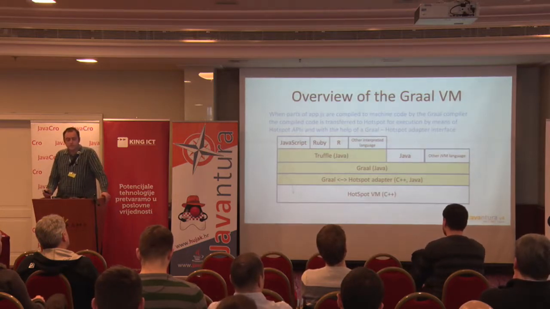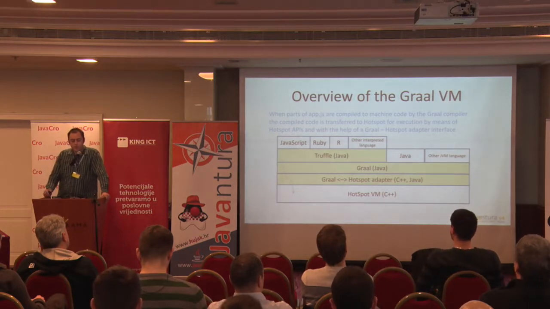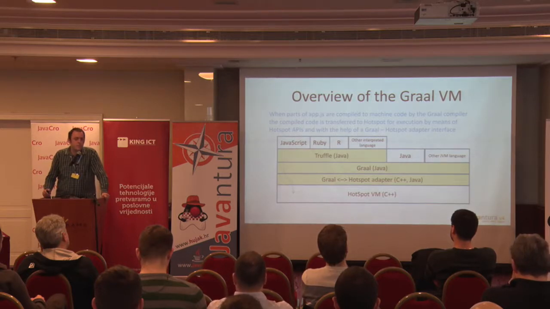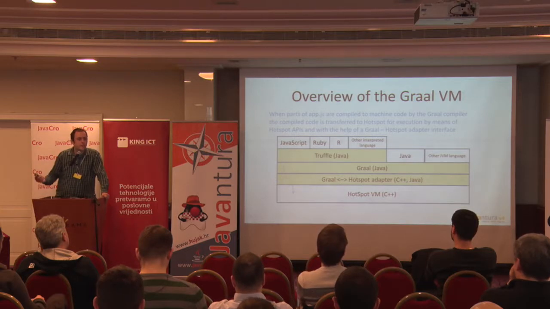So when parts of the file are compiled to machine code, as we already mentioned, the machine code is transferred to hotspot for execution. However, at certain points, the JVM may decide that it's not really optimal to execute machine code, and it de-optimizes that machine code back to the abstract syntax tree representation of Graal.